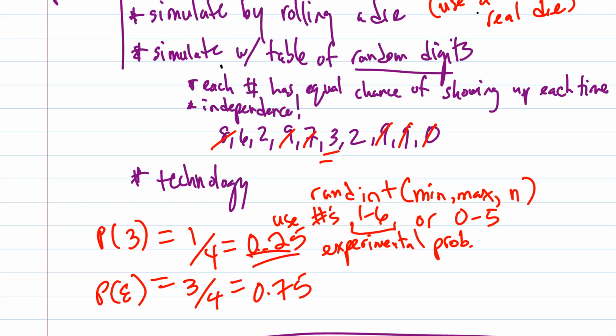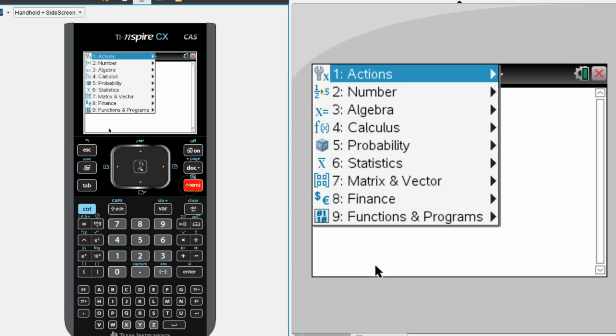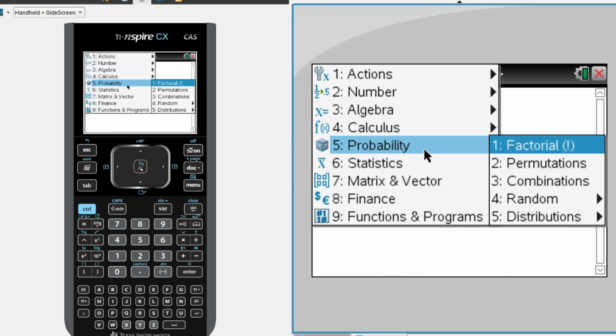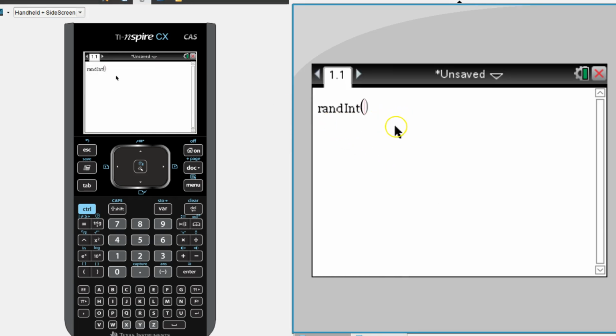I can do this with my calculator as well. So if I do random integer 1, 6, and we'll generate 10 numbers, okay? And if you do this, you probably will get different numbers than me, and that's okay. Let's go to menu, probability, random, and there's going to be integer. You can also type in the name.